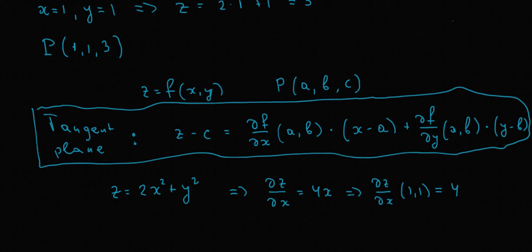Similarly, the partial derivative of z with respect to y will be 2y, and if we plug in y equals 1, that's going to be 2. So dz/dy evaluated at the point (1, 1) is going to be 2.